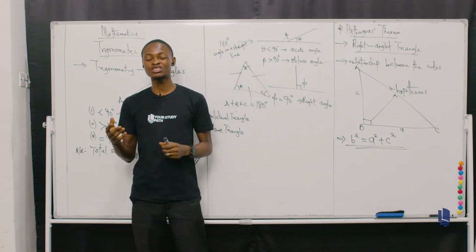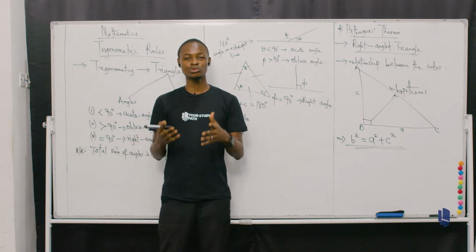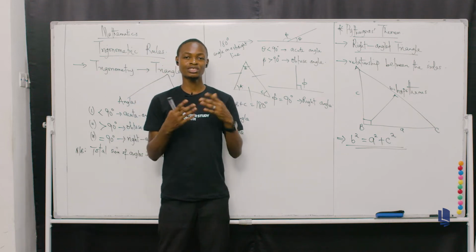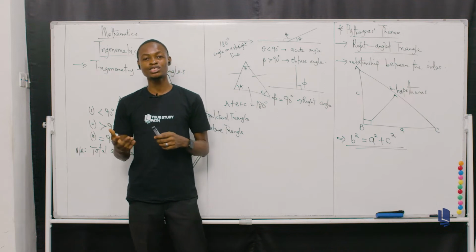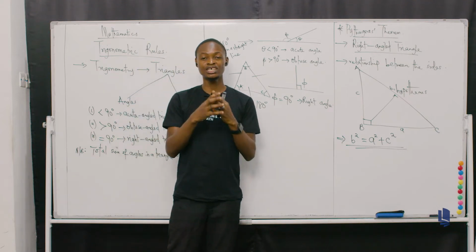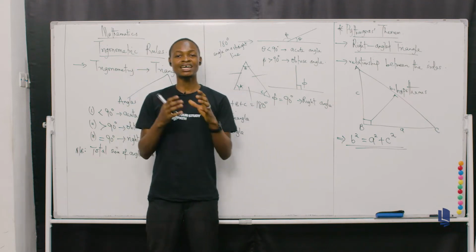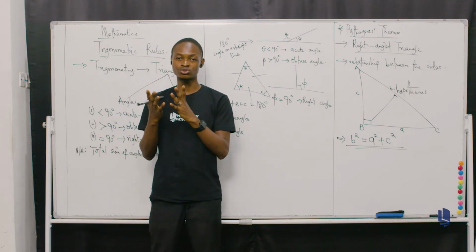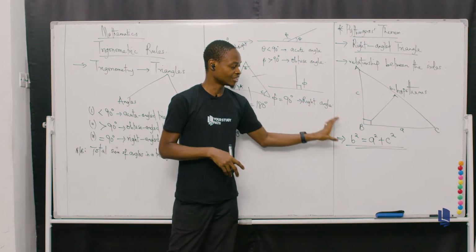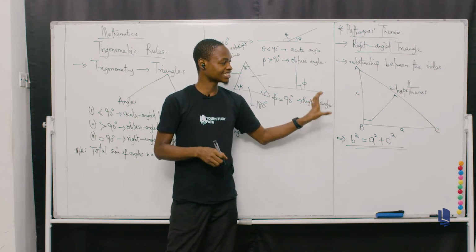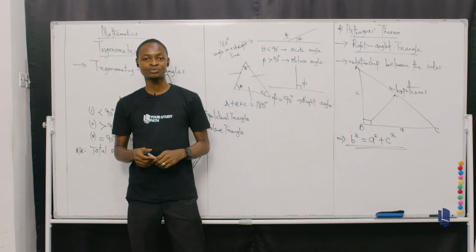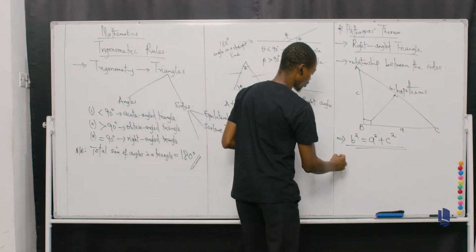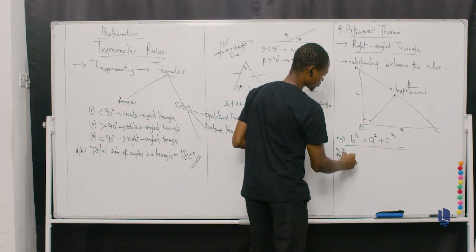We call these the Pythagorean triples or Pythagorean triplets. Pythagorean triples refer to a set of whole numbers whose squares are also whole numbers, and they fit perfectly into the Pythagorean theorem.